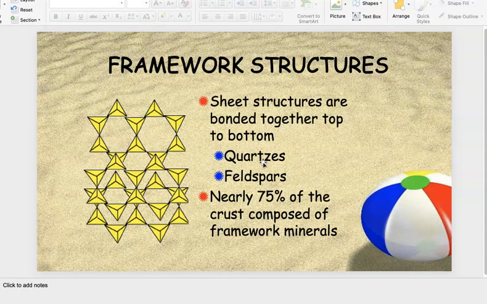You're not using the top one, though, the top of the pyramid. When we move up to framework, that's finally what we're doing. We're taking that top oxygen and we're bonding it to the bottom of the pyramid above it, if you follow. So now you're finally using all of your oxygens, and you're bonding this in all 3 dimensions.